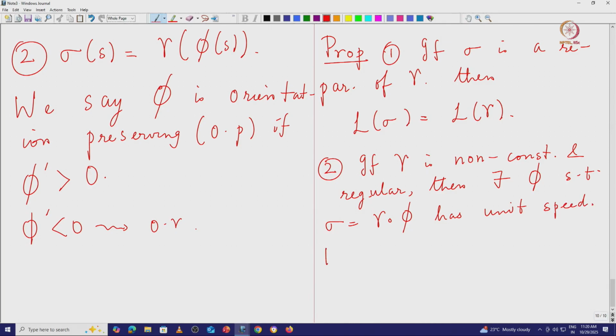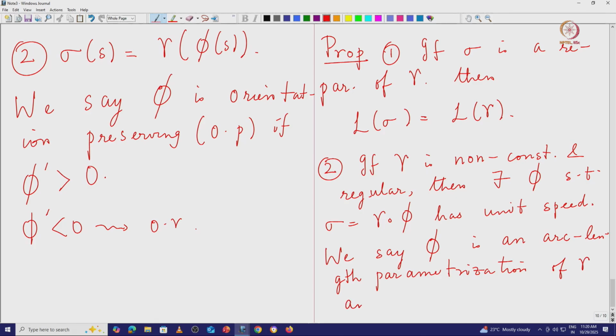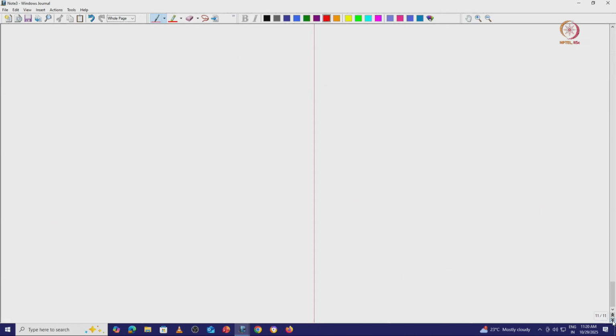We say that phi is an arc length parametrization of gamma, and sigma we call a normalized curve or a normal curve.